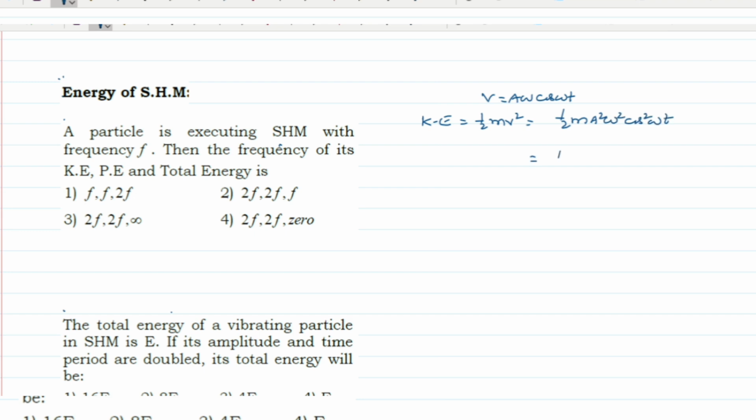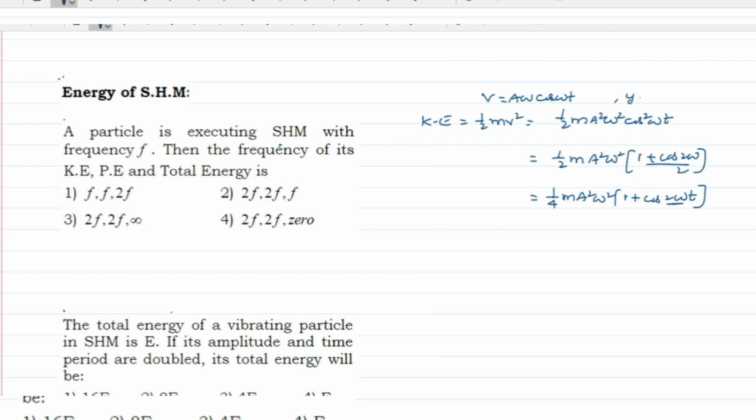When you are simplifying half m a square omega square cos square theta, you can write it as (1 plus cos 2 theta) by 2. So when you simplify this, we get 1 by 4 m a square omega square into (1 plus cos 2 omega t). Here the angular frequency becomes omega dash equal to 2 omega.